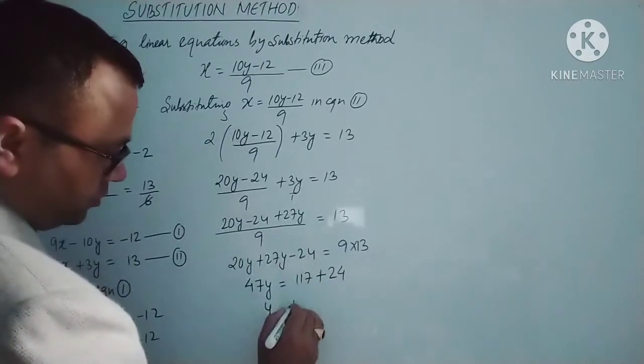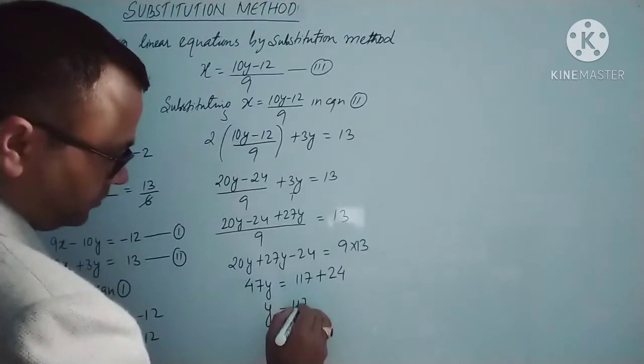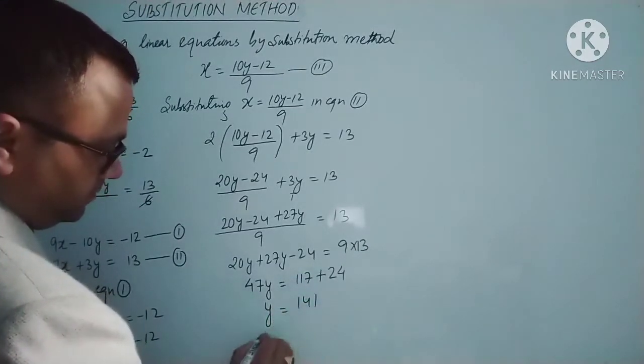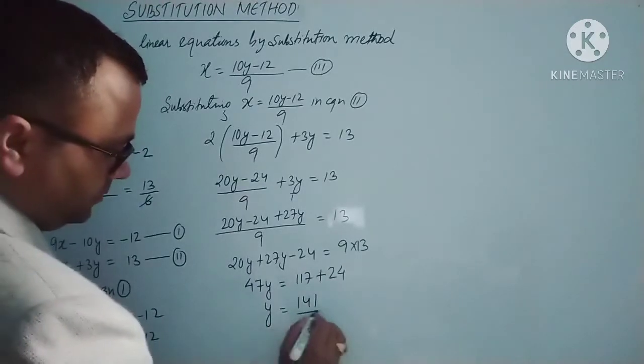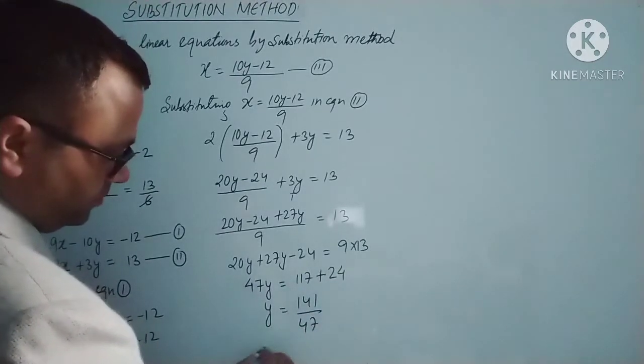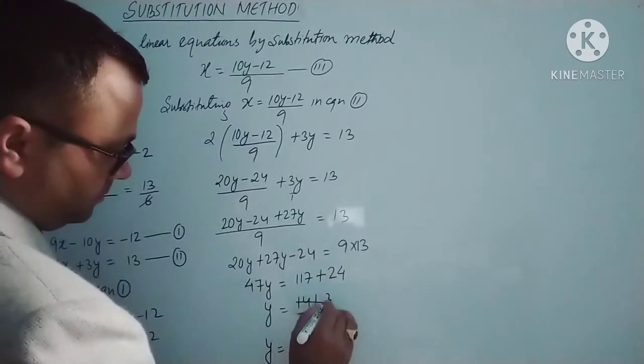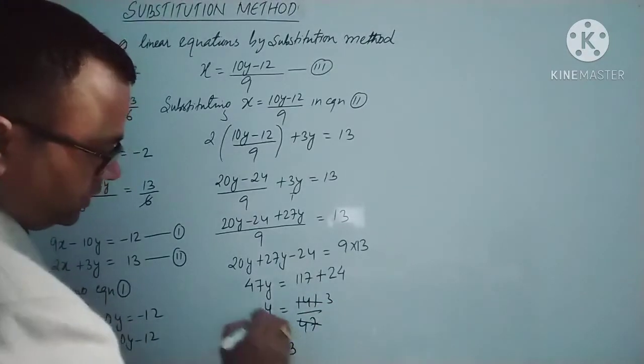So y equals 117 plus 24 is 141 by 47. So y equals, 47 into 3 is 141. So y equals 3.